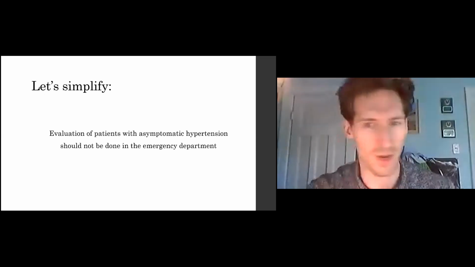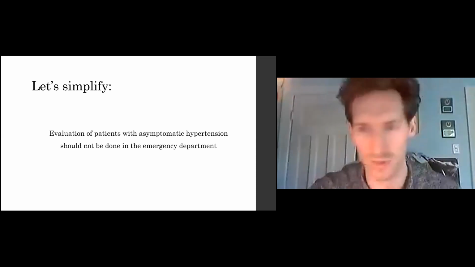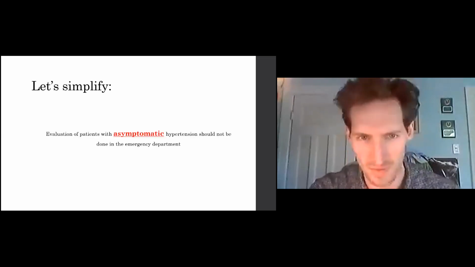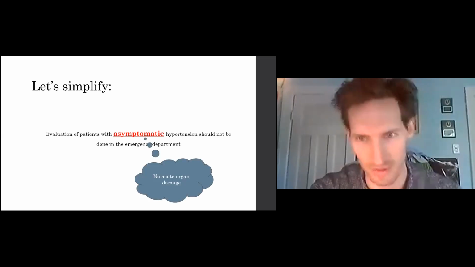But otherwise, hypertension is a chronic process. It doesn't just appear from one day to the next. So asymptomatic really is the key here, and by asymptomatic we mean that there's no acute organ damage. That's what the AHA guidelines say, and that's what Rosen says.